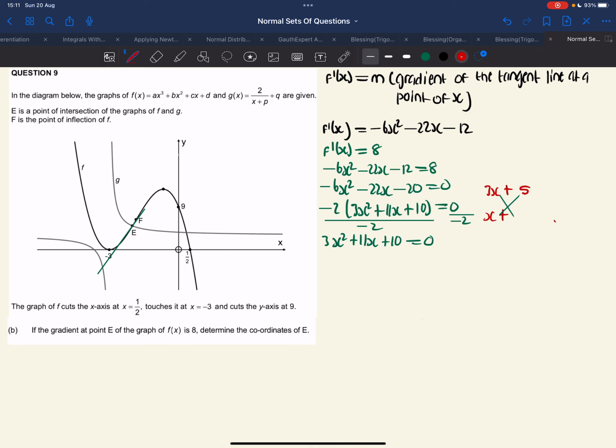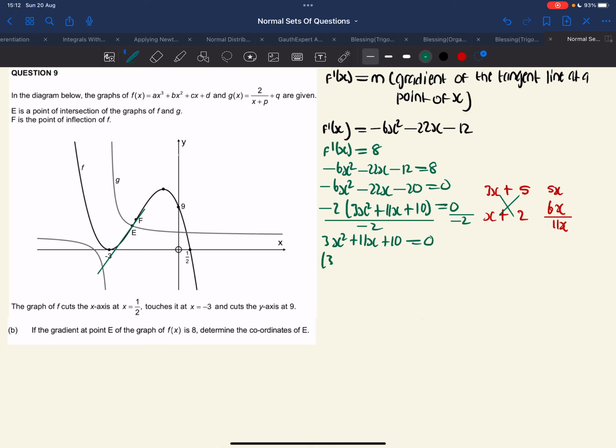Let's put 5 there and a 2 there. Then you're going to have 5x, and then 3 times 2, which is 6x. If you add them, you should get 11x. So that is going to work.